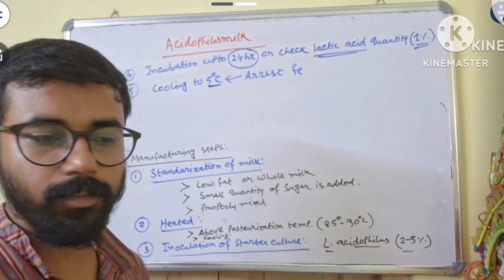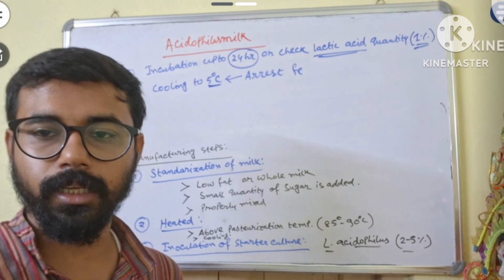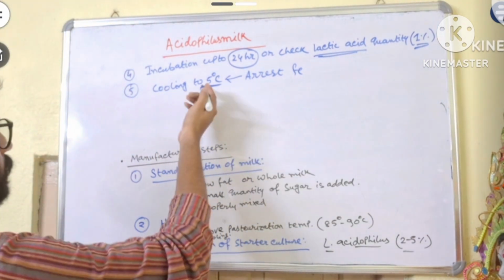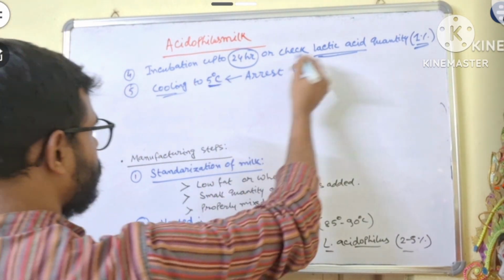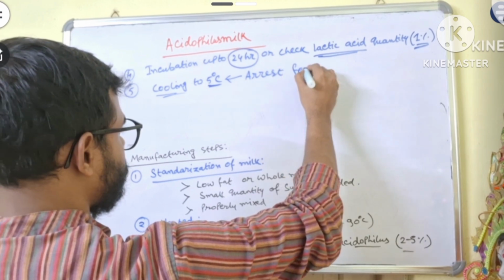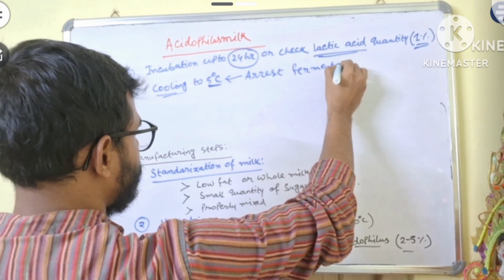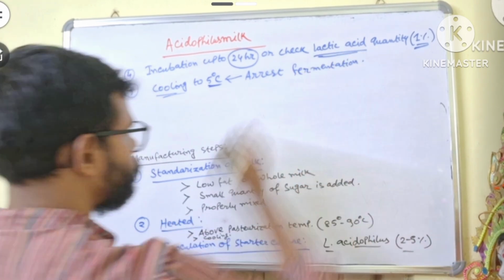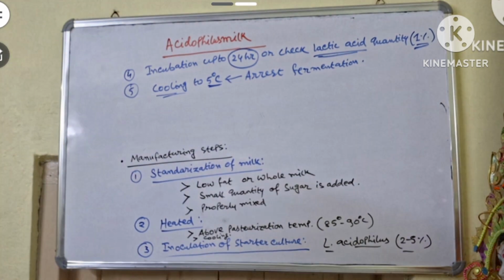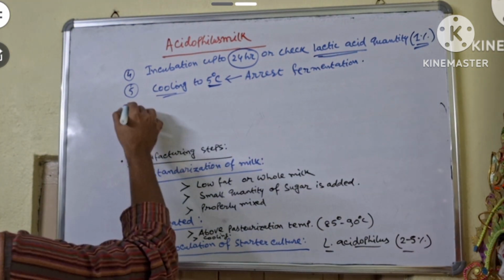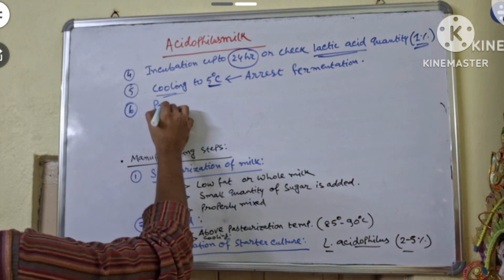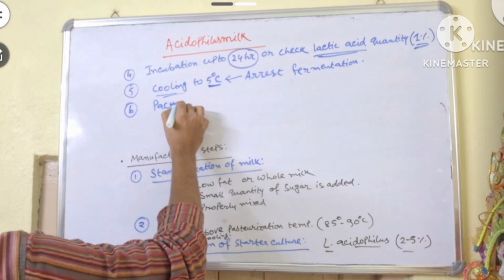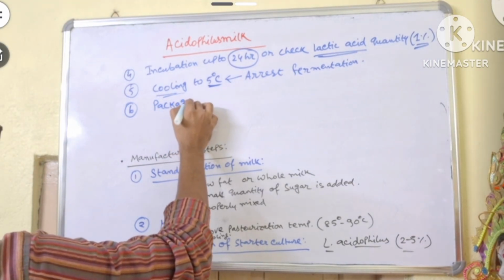It is a mesophilic bacteria, so it needs a temperature of 25 to 30. And we now use cooling at 5 degrees, that means refrigeration, so it arrests the fermentation. So no further lactic acid is produced or accumulated. Clear? And simple after that, package and distribute.